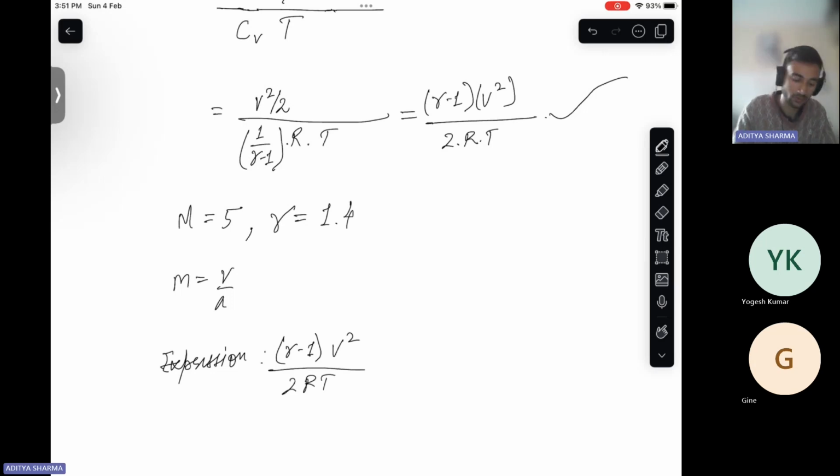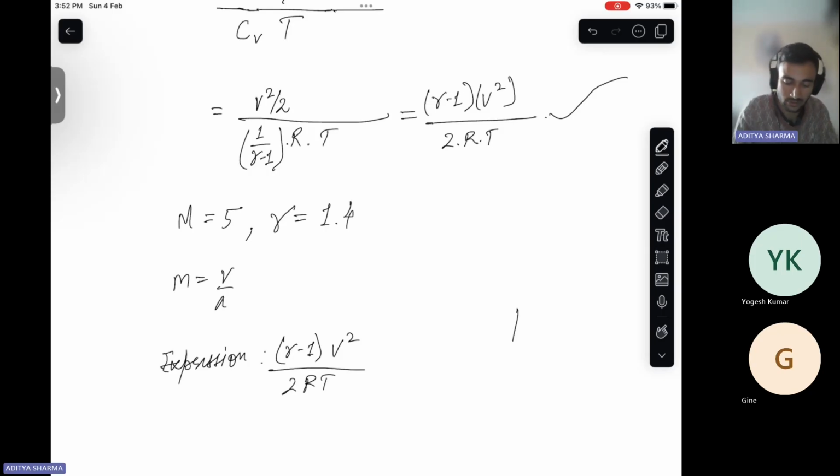In the denominator, if we can somehow have a square here, it will become M square.